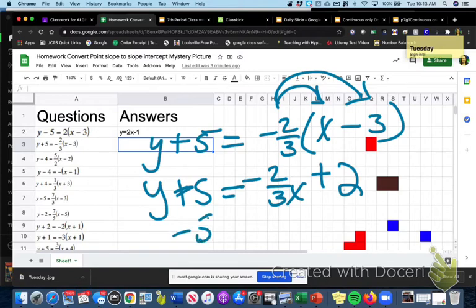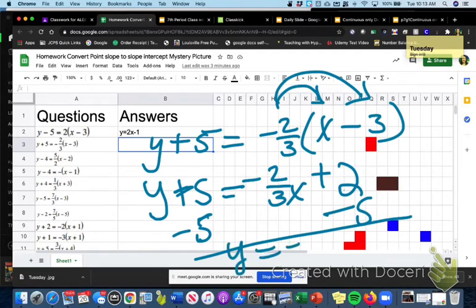So we need to subtract 5 from both sides. Sorry, my 5s are literally the worst, you guys. If I cancel out those 5s, that leaves me with y equals negative 2/3 x, which doesn't change, and then 2 minus 5 is minus 3. Again, use that calculator. I'm going to pause here for a second in case anybody needs a screenshot or is writing this down.